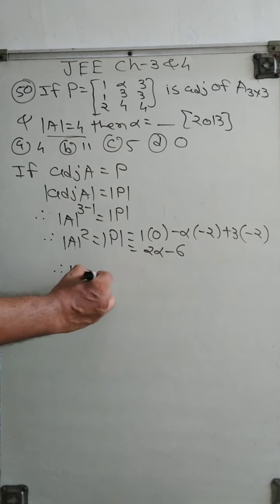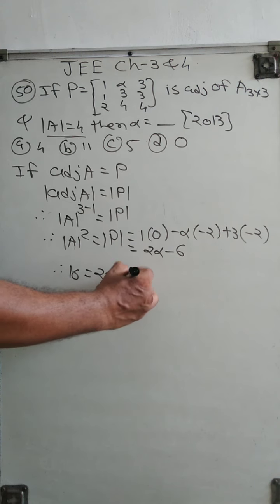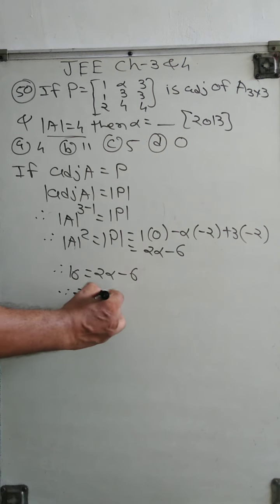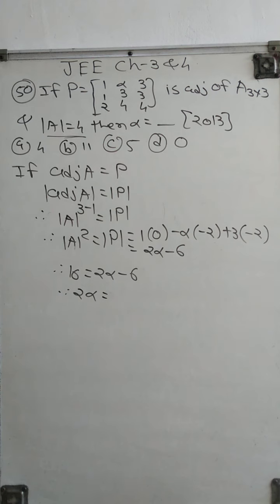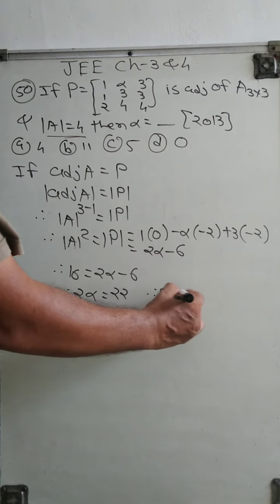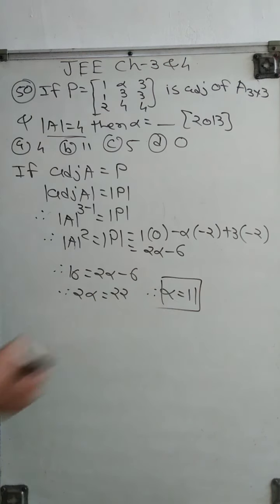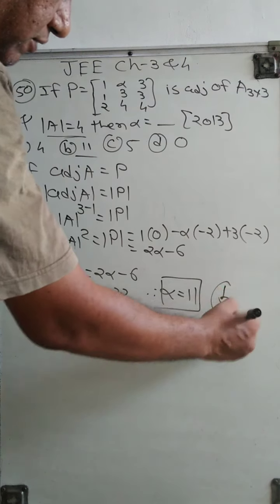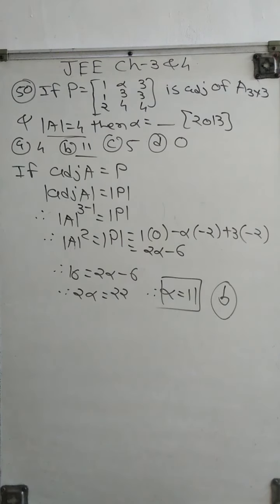Therefore, 16 is equal to 2 alpha minus 6. Therefore, 2 alpha is equal to 22, and therefore alpha is equal to 11. Right? So this way we find our answer, B. B is the answer. So this way we completed up to 50 sums. Thank you.